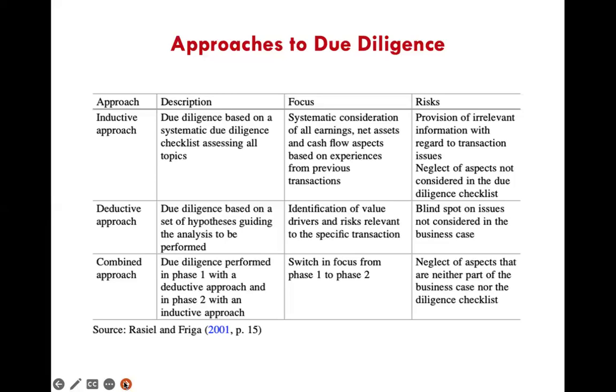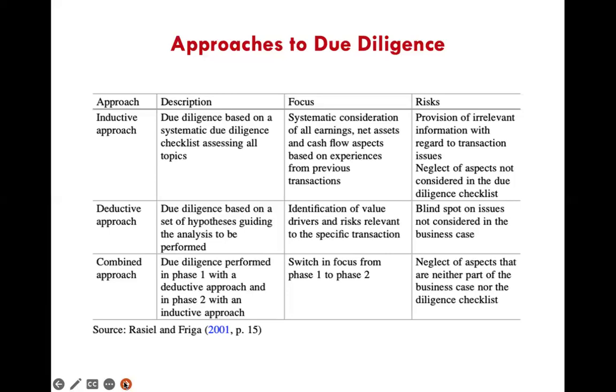So in a deductive due diligence approach, usually buyers, armed with knowledge of the drivers or the factors of real estate value, will set certain assumptions based on which the due diligence will be guided, right?